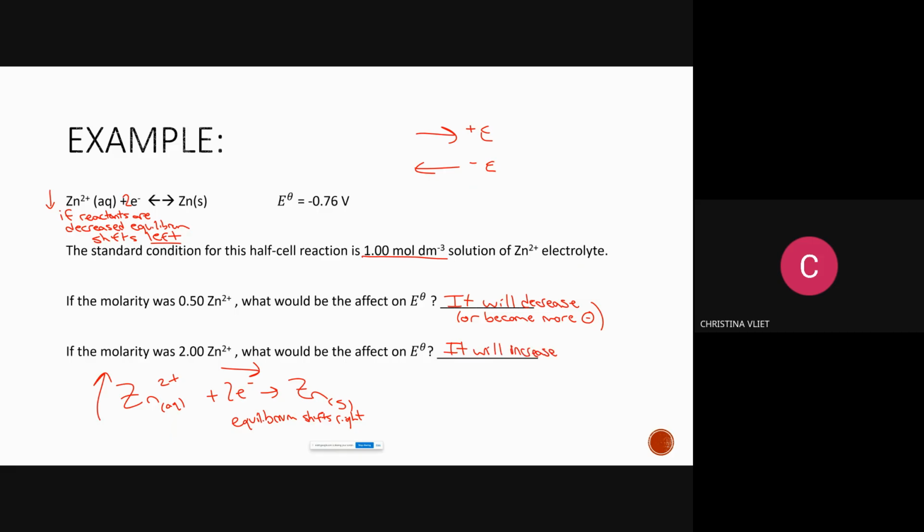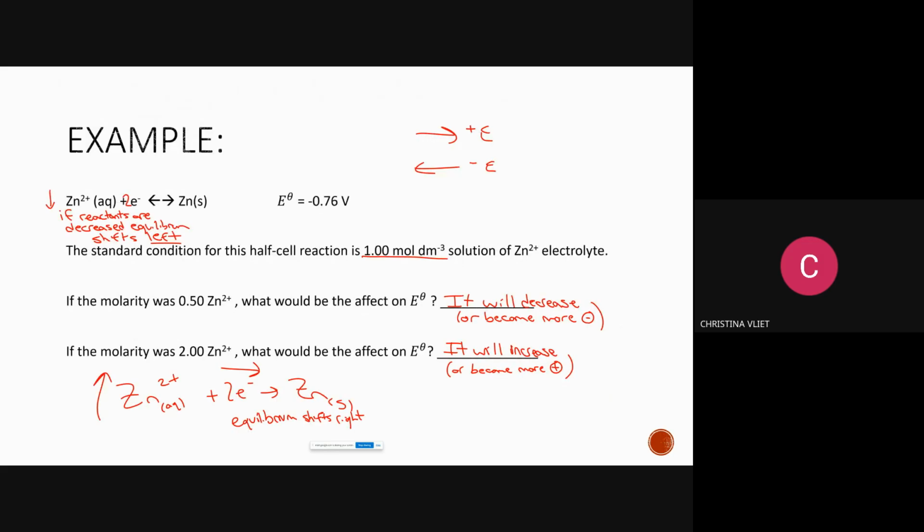This is yet another application of Le Chatelier's principle, or become more positive is another way to say it. And so that means that the value is going to change from negative 0.76. Quantitatively, we're going to have to figure out shortly, how does it change? What number does it change to? And that's why I said there's a formula that you will need to know.